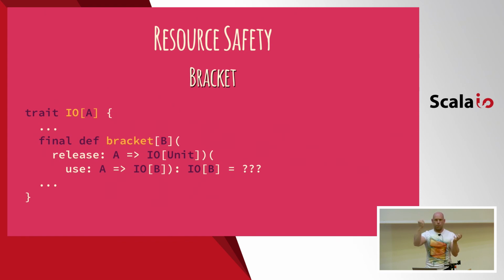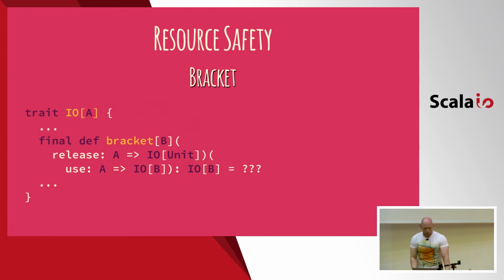So bracket lets you specify a release that takes an A and returns an I/O of unit, which represents cleaning up the resource, closing the file, closing the socket, deleting some information from a cache. And then the final action that you pass in here takes that A, that file, socket, whatever, and does something with it, produces an I/O of B with it. And then the bracket combinator as a whole returns that I/O of B.